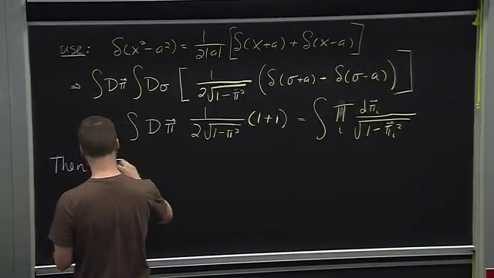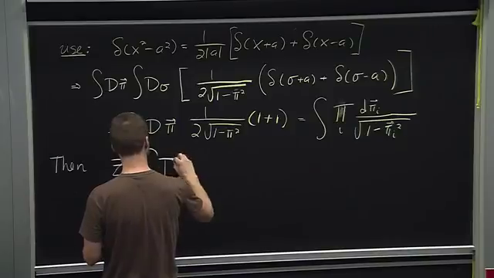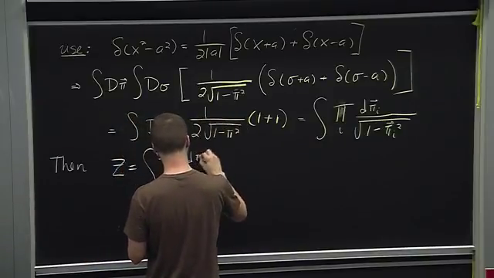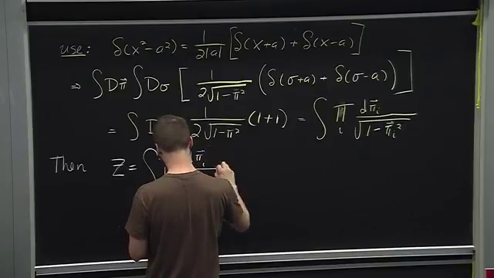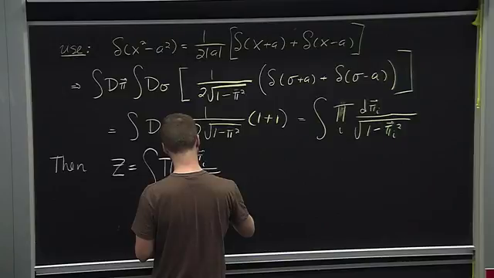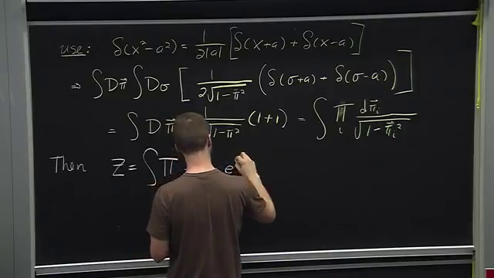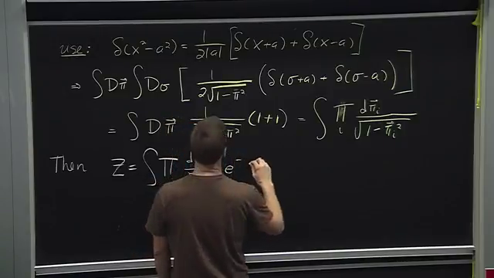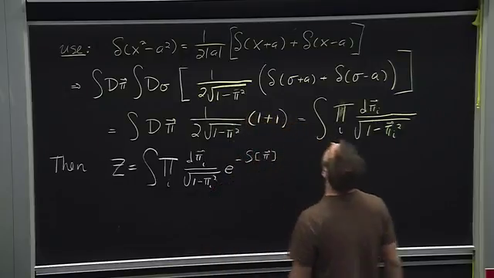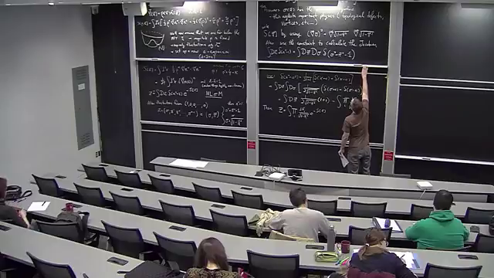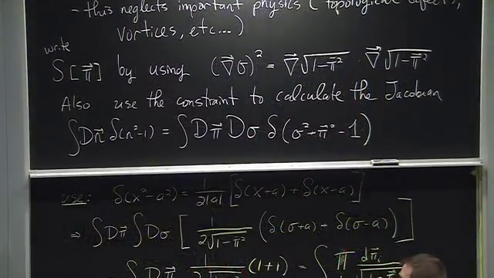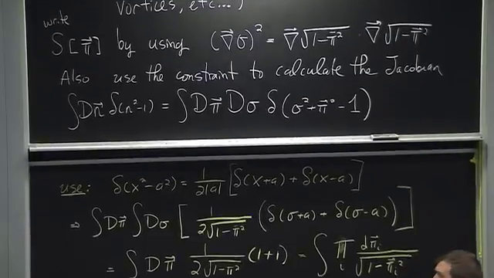So then that's product, that's big Pi. That's a little pi. S of pi. Right. So I'm just eliminating sigma now in the partition function.